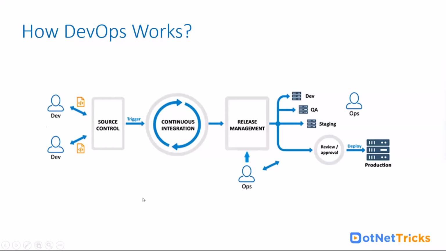If there is no error, it goes to the next level, release management. At the release management level, we decide whether this code will go to the dev environment, QA environment, or staging environment. If there is feedback from testing in these environments, it comes to the developer. The developers build again, and finally we do the deployment to production.